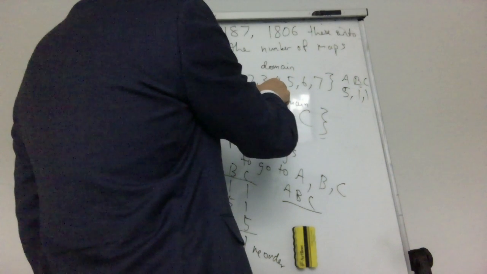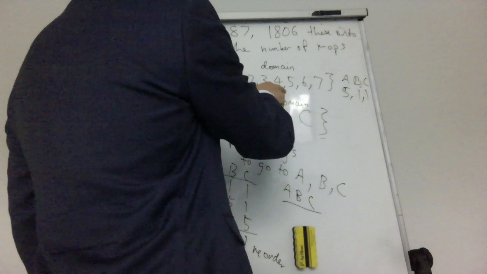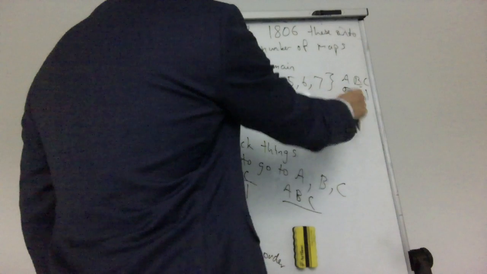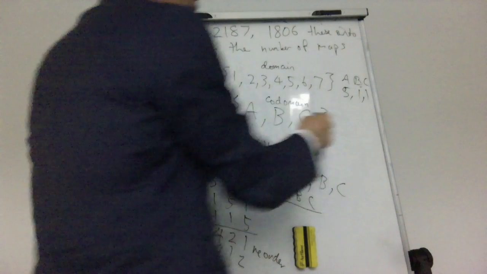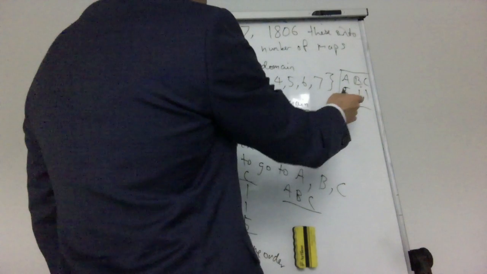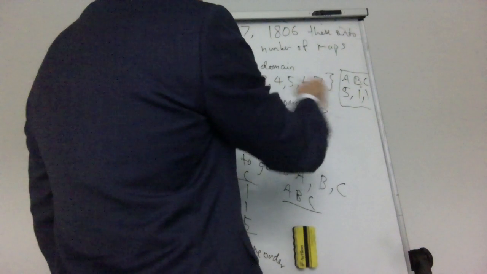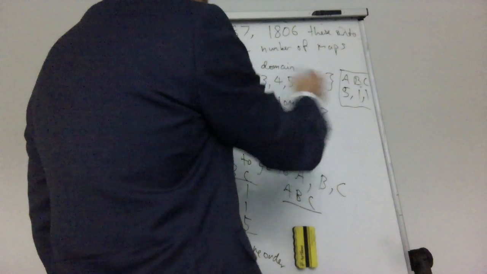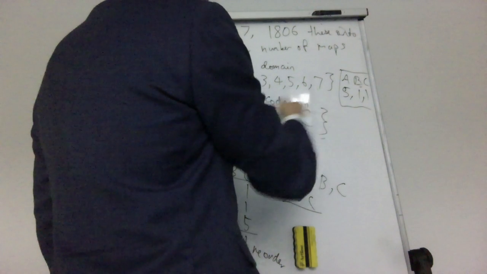Yep. So they'll be the same function as long as they all go to A, and then you're picking one of the last 2 things to go to B, and the last thing has to go to C, right? So the number of ways of doing that is 7 choose 5 times 2.